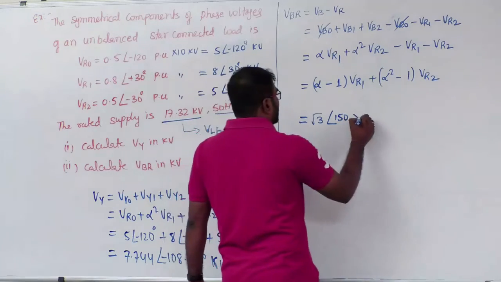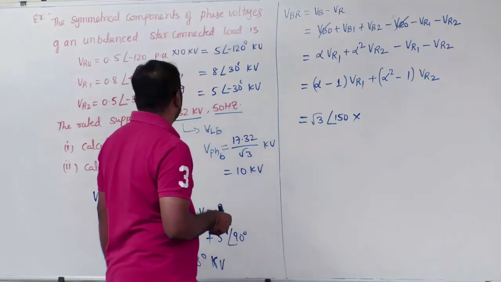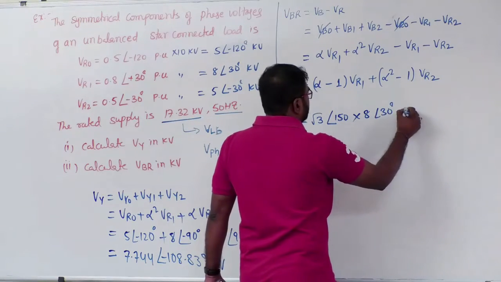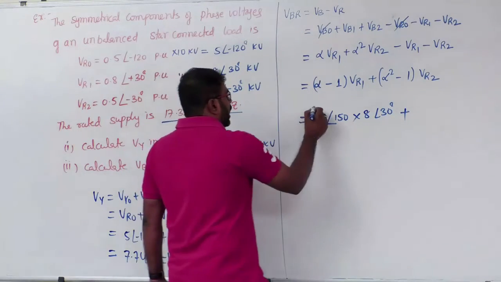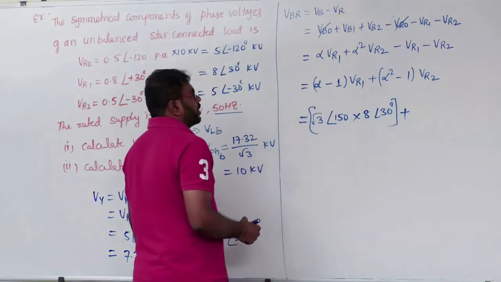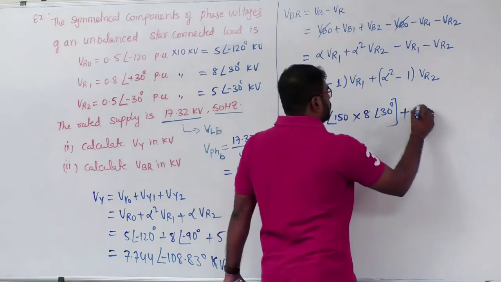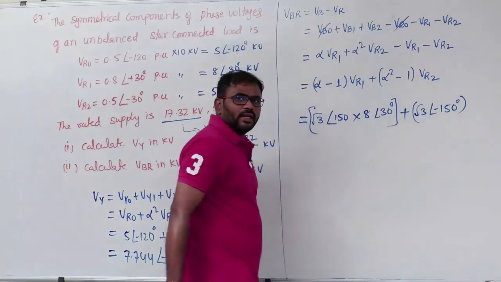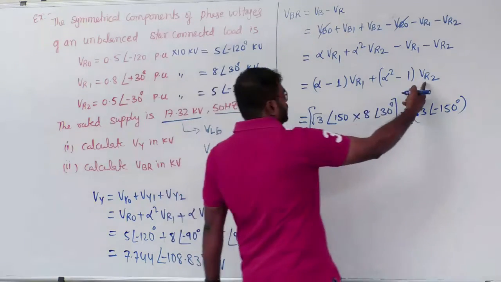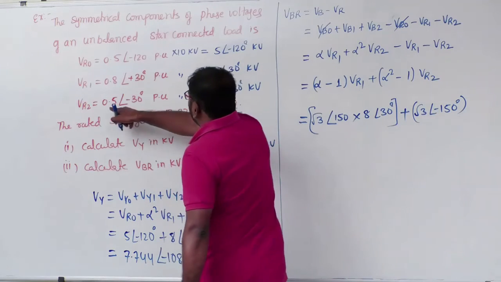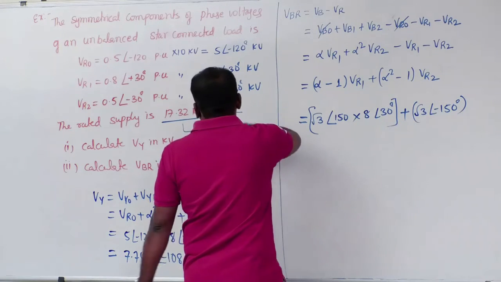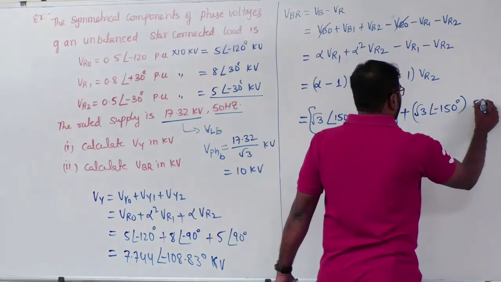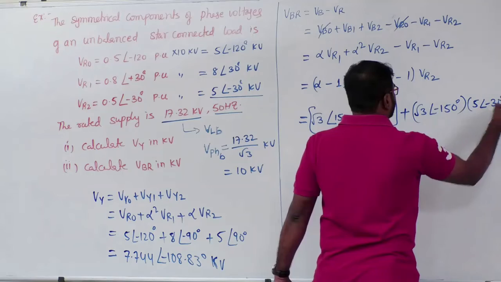And VR1 is 8 at an angle 30 degrees, plus alpha square minus 1, which is root 3 at an angle minus 150 degrees, and VR2 is 0.5 at an angle minus 30, which means in actual form 5 at an angle minus 30 degrees.